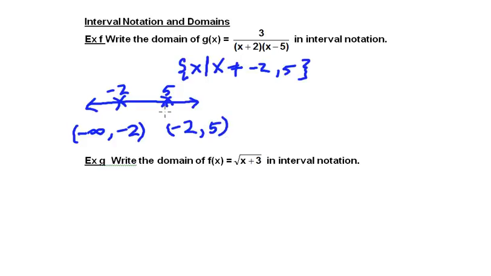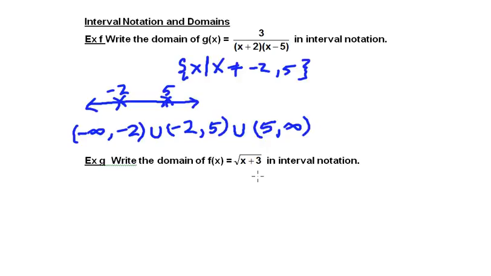And finally, the third interval starts at +5 and goes up to +∞. And when we want to state the domain, we want to say that we're going to use the union of these three intervals, because we want to include all of these points together with all of those points together with those. And so we will call this an OR. It's a union. And again, this is now the domain in interval notation.